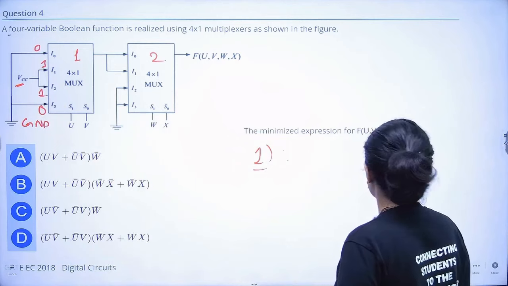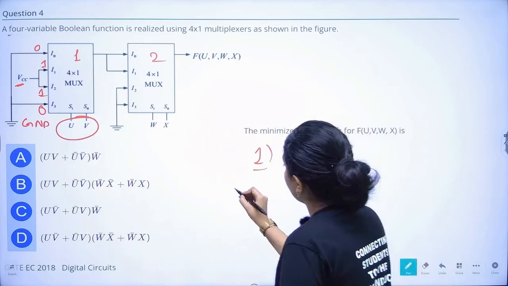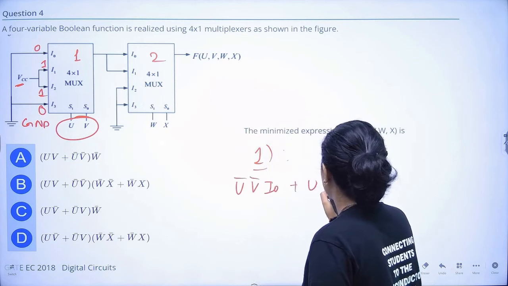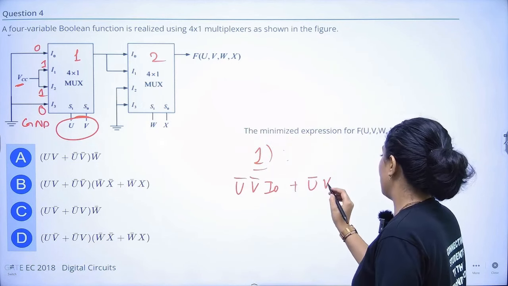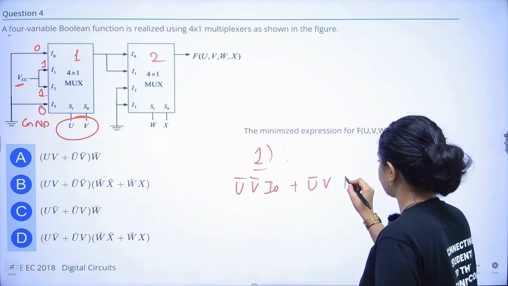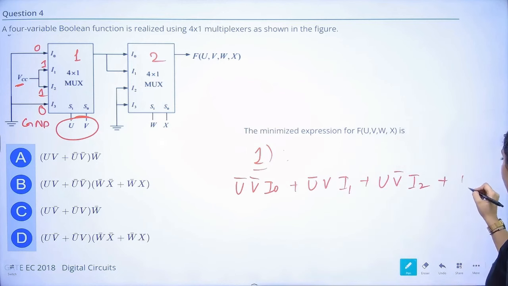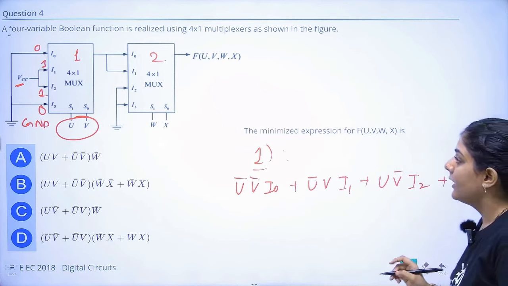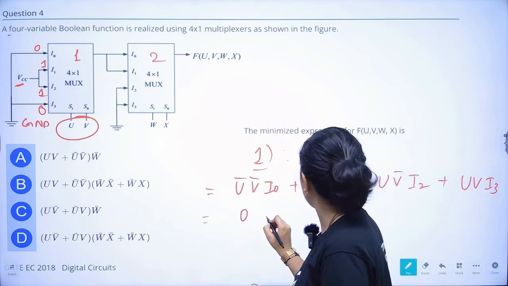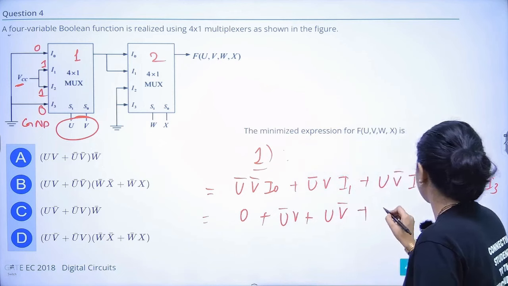So for the first mux, if I am having select lines as U V, the output will be U bar V bar I0 plus U bar V I1 plus U V bar I2 plus U V I3. In this logic, we have the values I0 equals 0, I1 equals 1, I2 equals 1 and I3 equals 1.